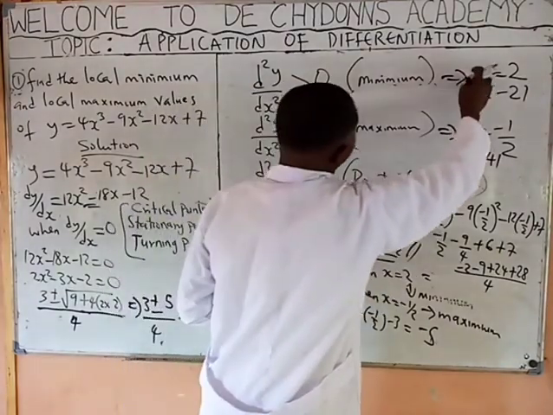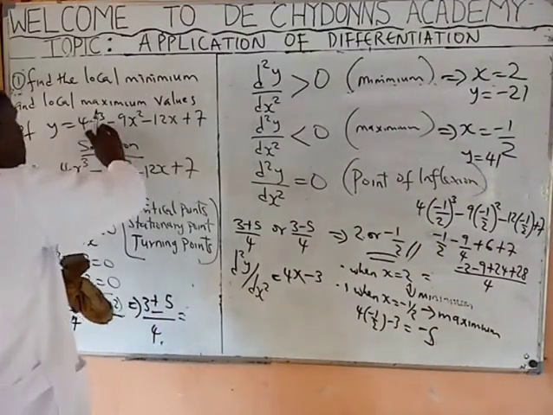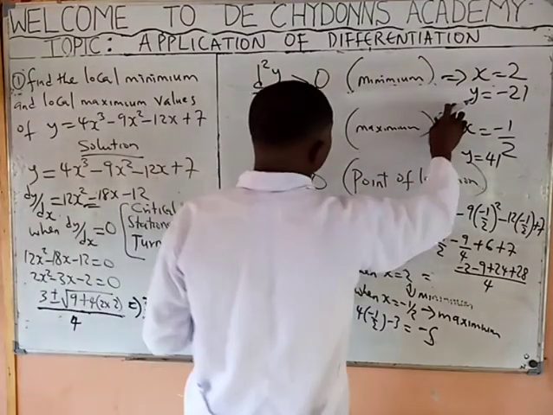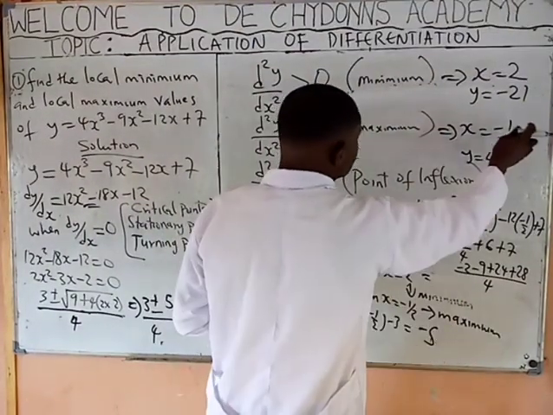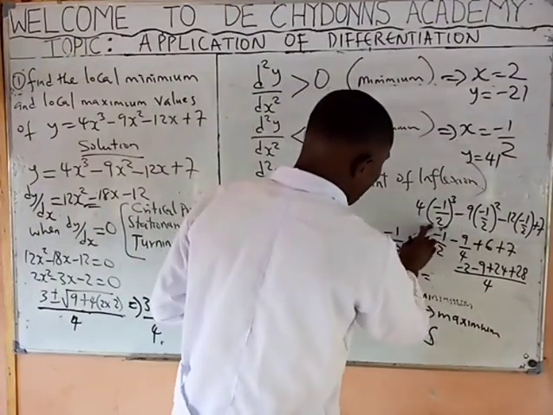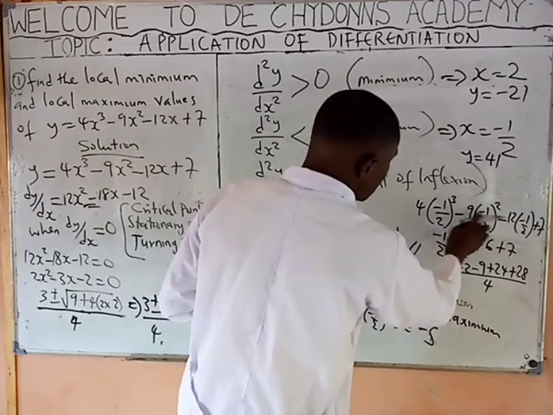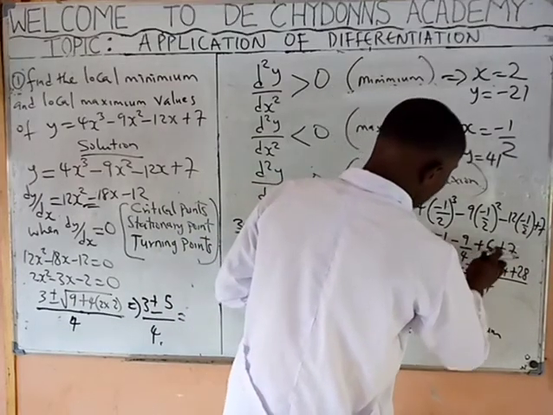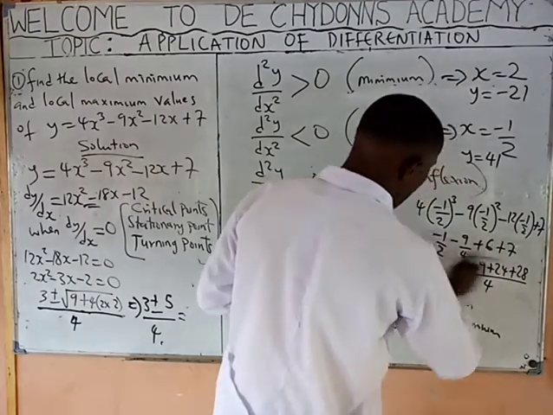Then when you carry x equals 2 and put it in this function y, what it gives you is the corresponding value of y. And when you carry this and put it here, as we did, 4 bracket this, and that gave us minus 1 over 2, this minus 9 over 4, this plus 6 plus 7, and we look for the LCM.